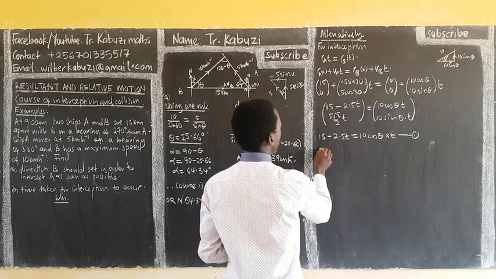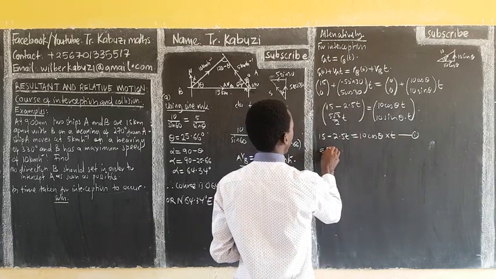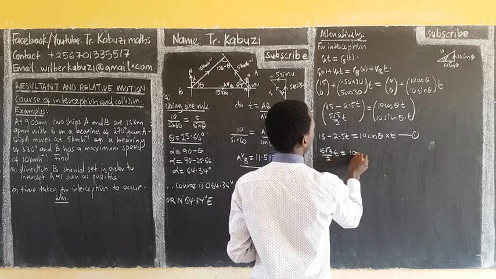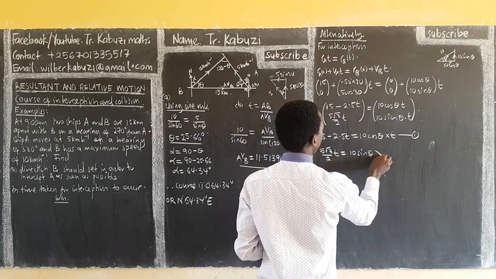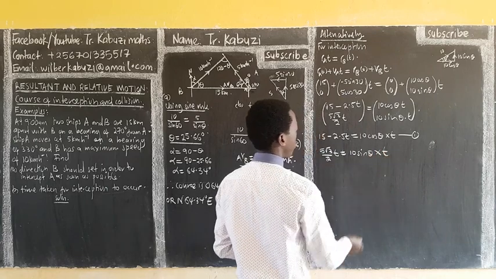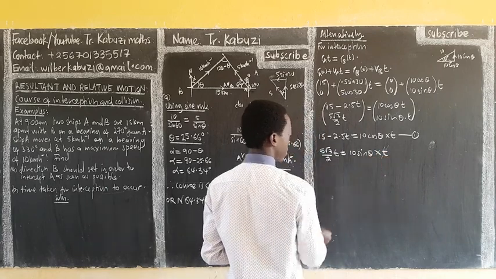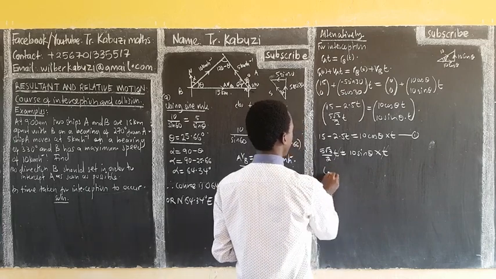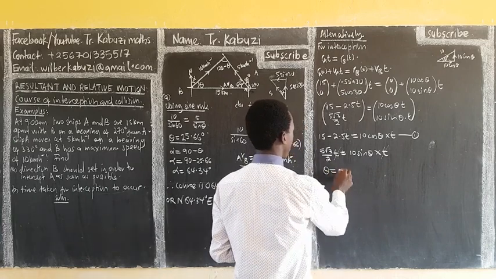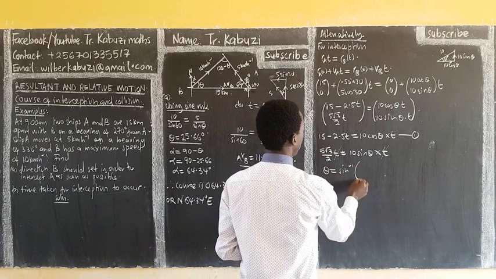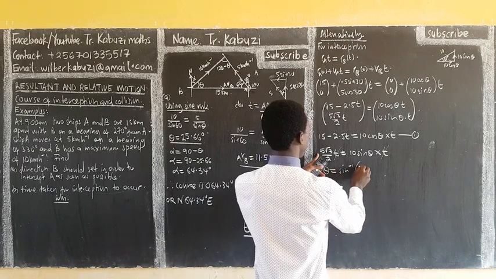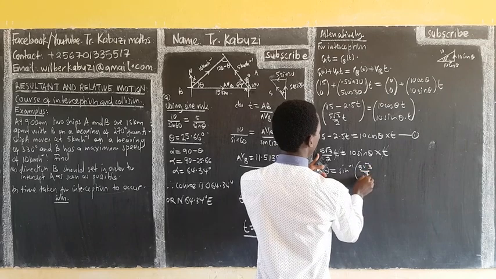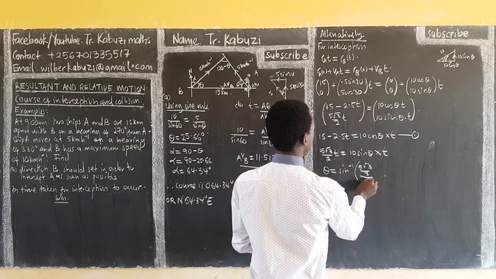Then also here, 5 root 3 over 2 t is equal to 10 sin theta times t. So you can cancel this out, and then this out. Then you can divide. So our theta from there is going to be sin inverse of 5 root 3 over 2 divided by 10.